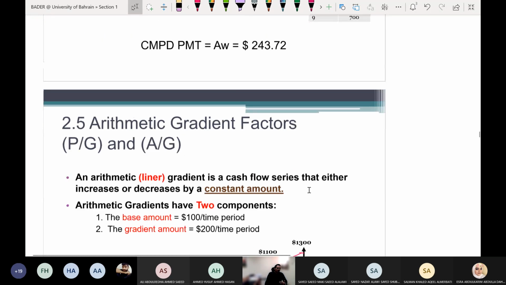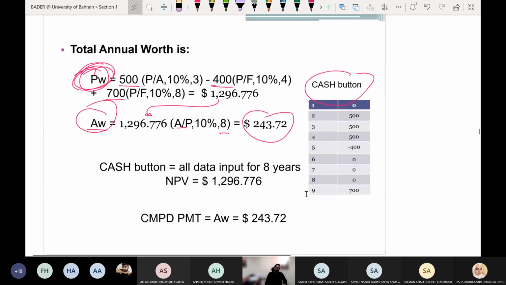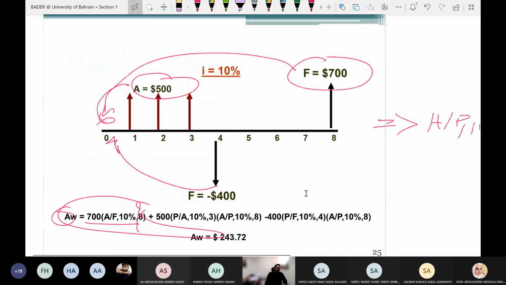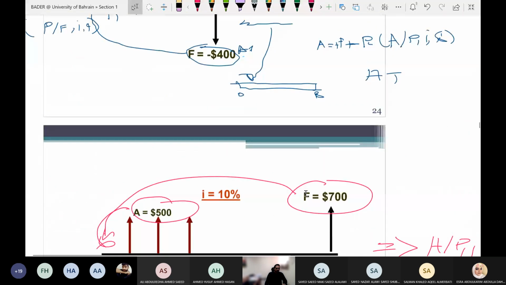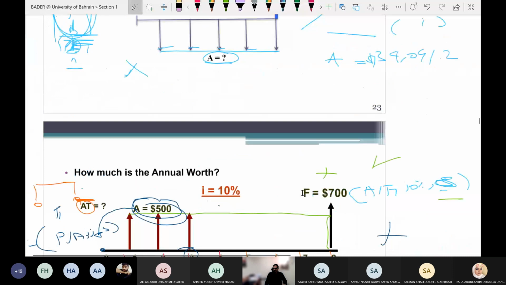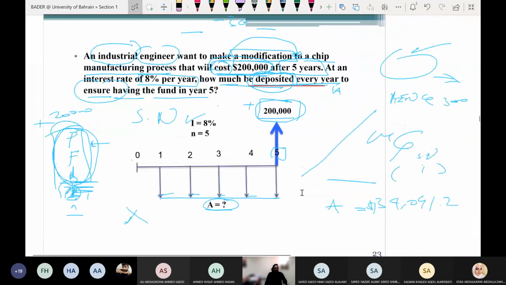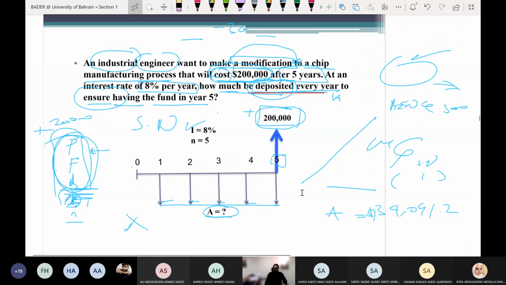So let's recap what we did today. Today, basically, I discussed the future worth, and we learned about the concept of future. And why is it important for us? Whenever we have a problem, we know this number. What does it reflect?